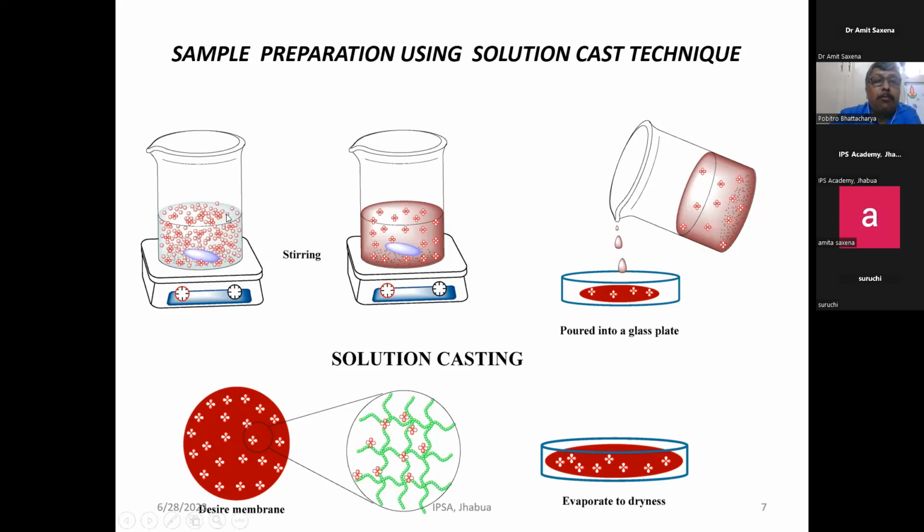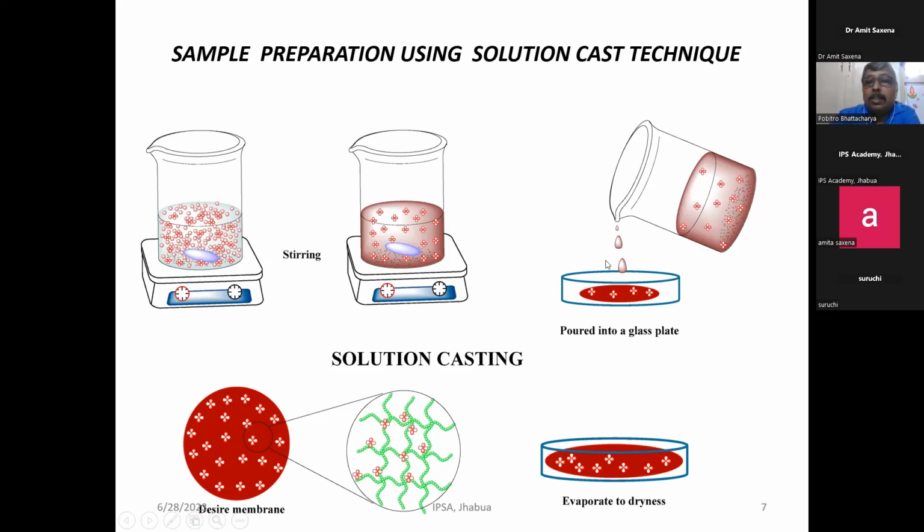Anyway, you mix them well so that both the polymer and the salt get mixed. It is not only mixing as a solution, but their complexation is required, and therefore this stirring needs to be continued for quite a long time. Generally, we talk about 6 to 8 hours, not less than that.